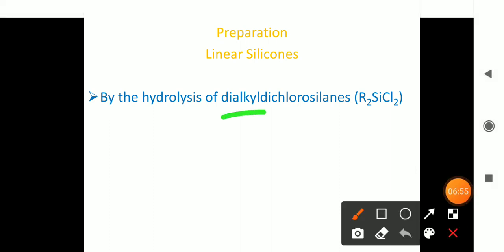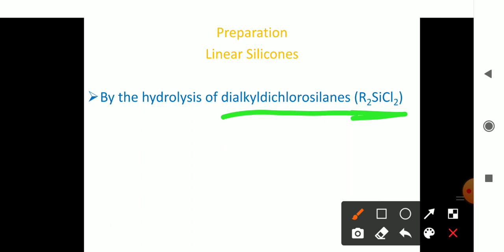What do you mean by the term hydrolysis? It is the property of a compound to react with water molecules, that is called hydrolysis. And look at this one, dialkyl dichlorosilane, and look at this formula too. What is given? R2. R is an alkyl group. How many R are present? 2. So it is called dialkyl. Then chloro means Cl. How many chlorines are present? There are 2 chlorines present.